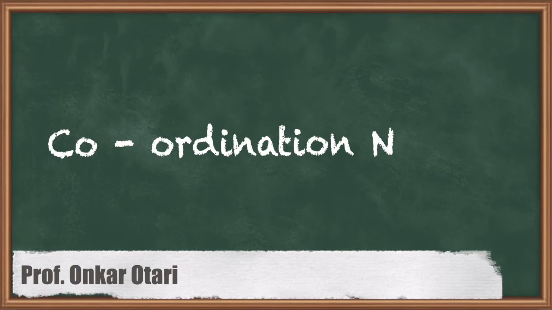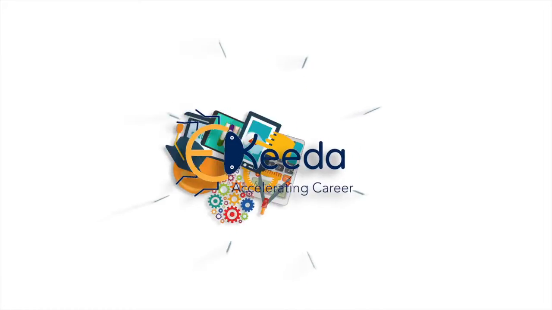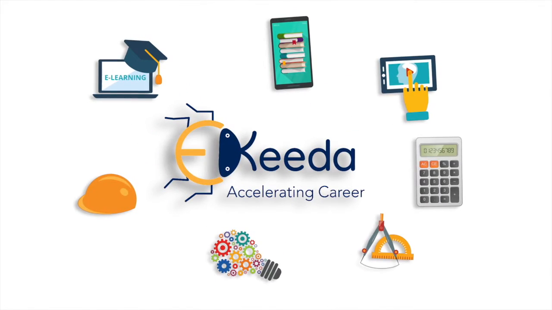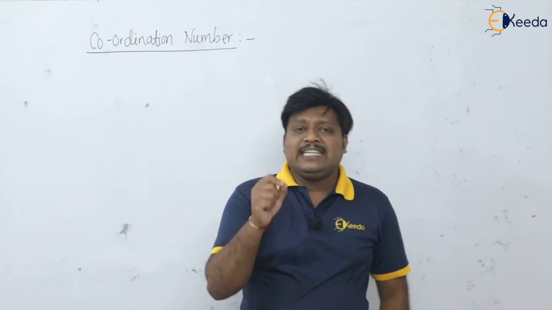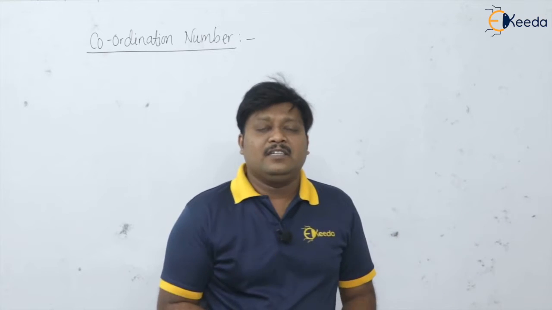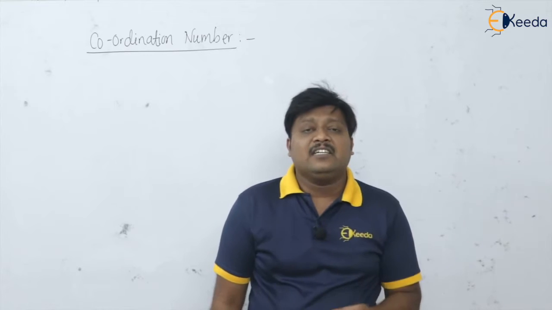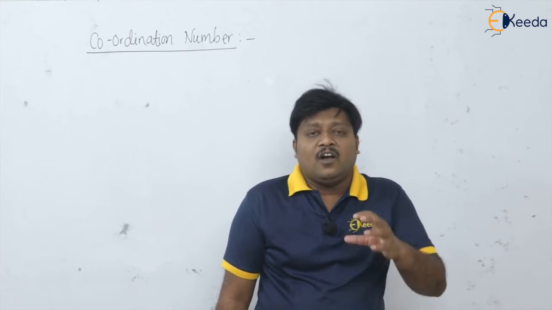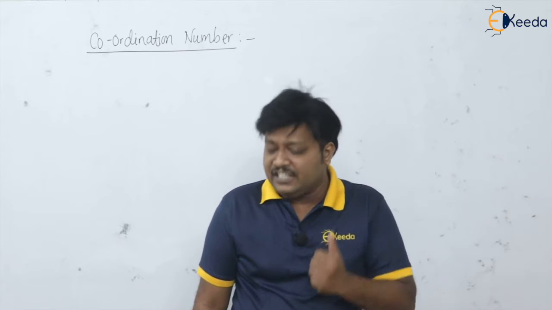Dear students, in this video we are going to talk about the coordination number. This is also known as the ligancy. So see here, the density of the packing is expressed in terms of the number of nearest or equidistant neighboring atoms of the atom which we have taken under consideration.